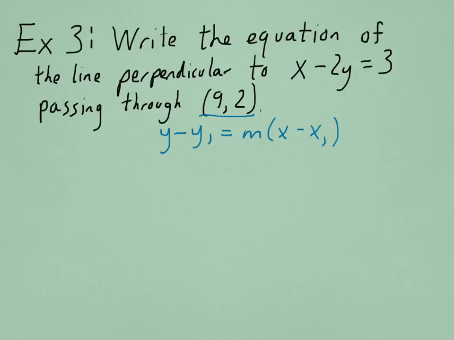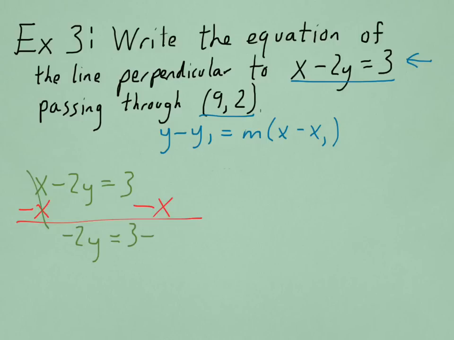The slope of my line is what's perpendicular to x minus 2y equals 3. So first I need to find the slope of this line. I can do that by solving it for y. To get y by itself, I would need to subtract x from both sides. That would give me negative 2y equals 3 minus x.